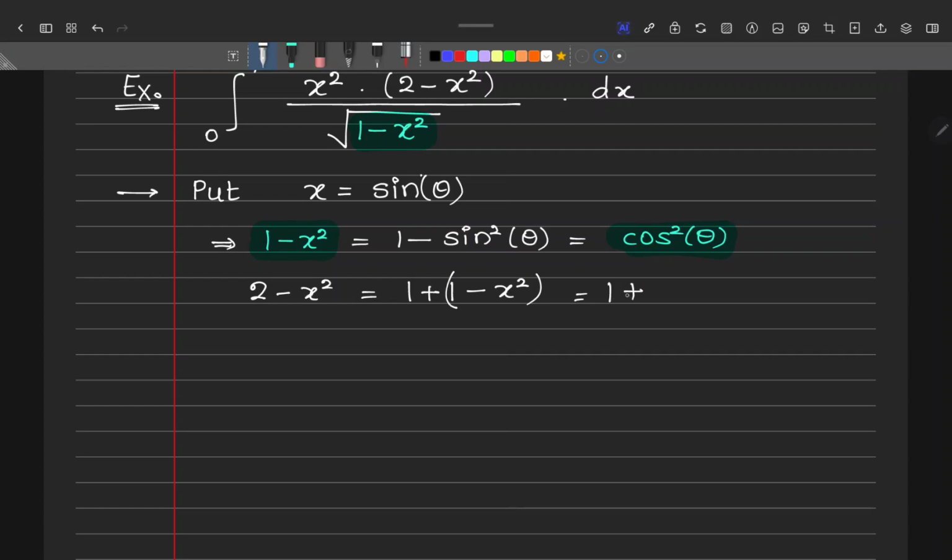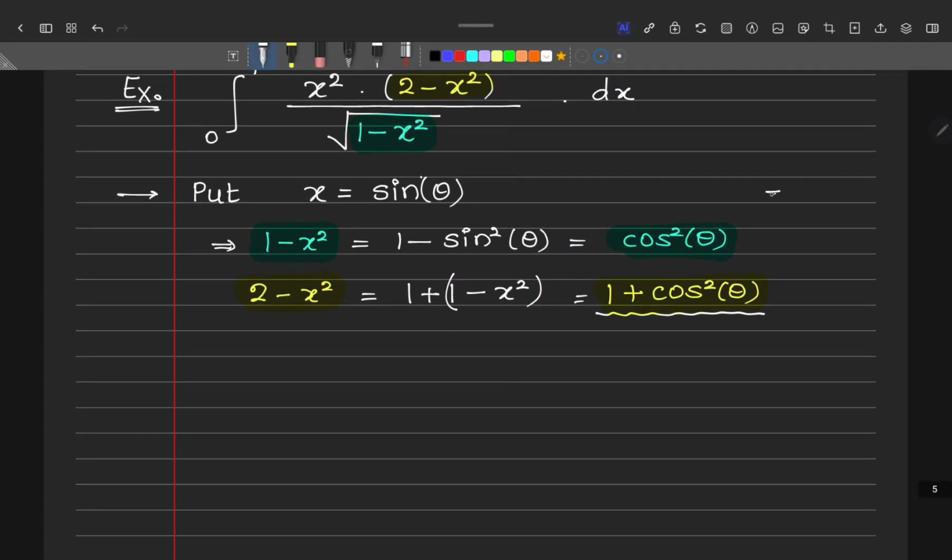And 1 minus x square is nothing but cos square theta. So 2 minus x square is equal to 1 plus cos square theta. Again from this substitution, the value of dx will be cos theta into d theta.